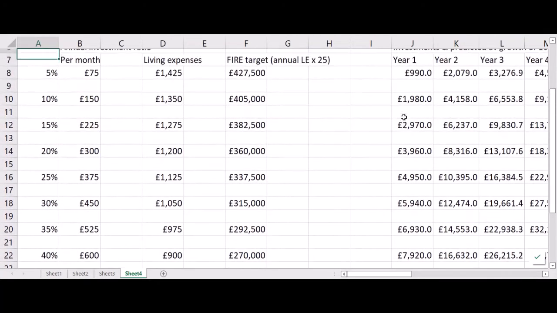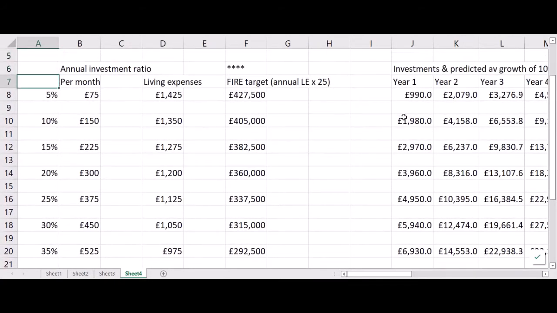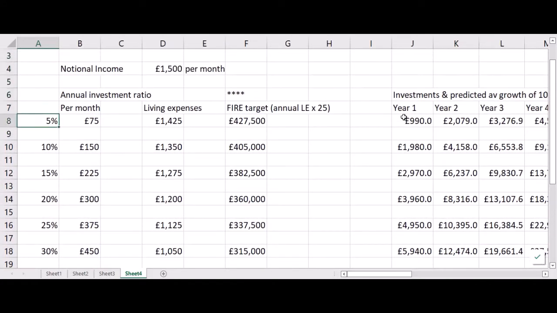So if we go back to the first one there, where you had somebody investing 5% of their income per month on $1,500 per month, you're talking about £75. That is assuming then that we are investing all of our remaining disposable income after everything else has been paid. So in essence, we're assuming that living expenses are costing this person $1,425 per month.